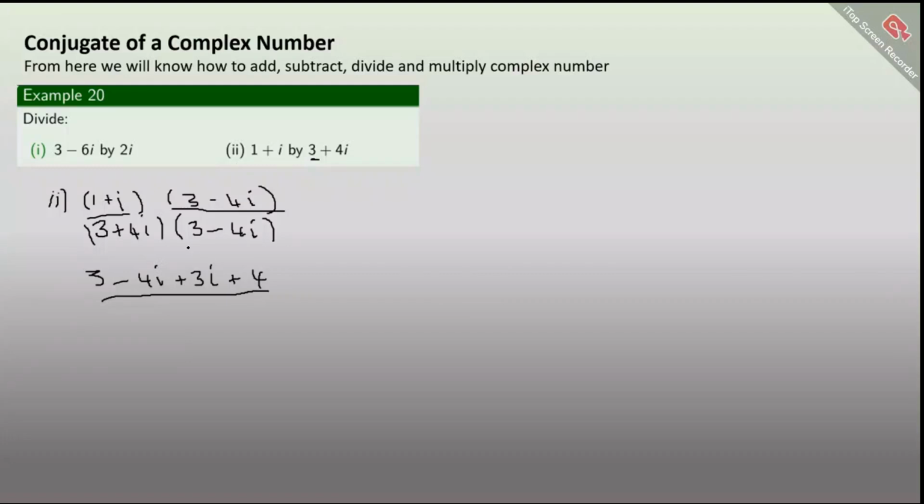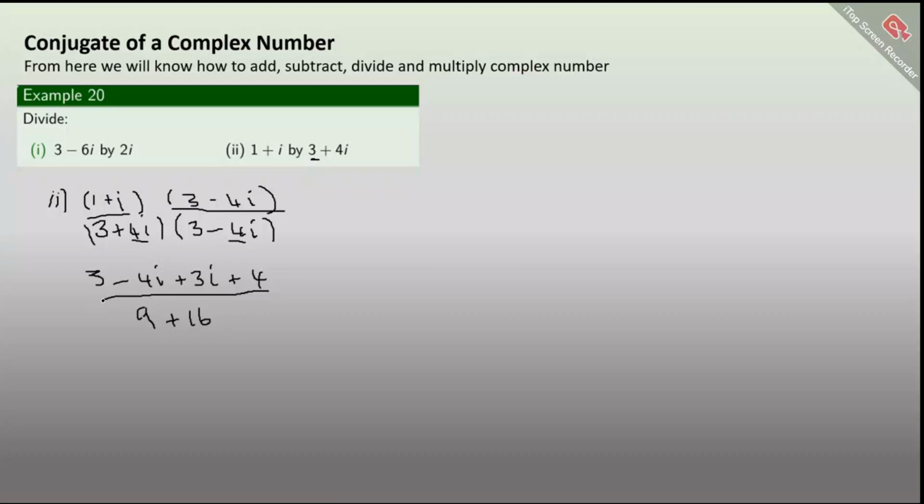What about the denominator? When you're multiplying the conjugate, don't start multiplying everything, you're going to be wasting time. Just multiply the corresponding terms. 3 times 3, that is 9. Again, 4 times negative 4, that is negative 16. i times i, that is negative 1. So this side we're going to have positive 16.